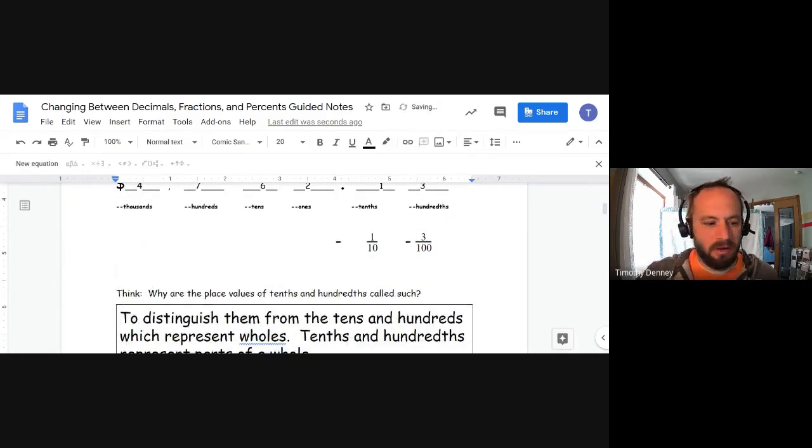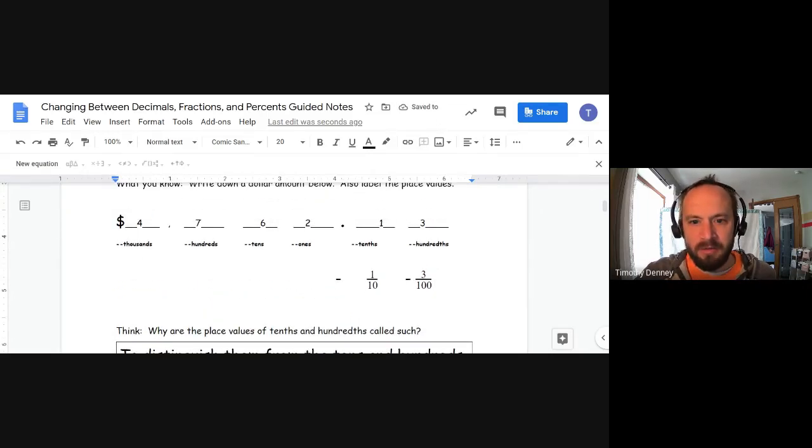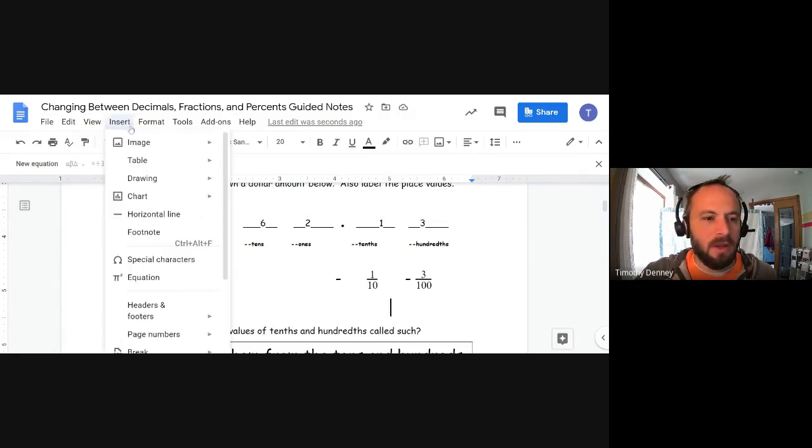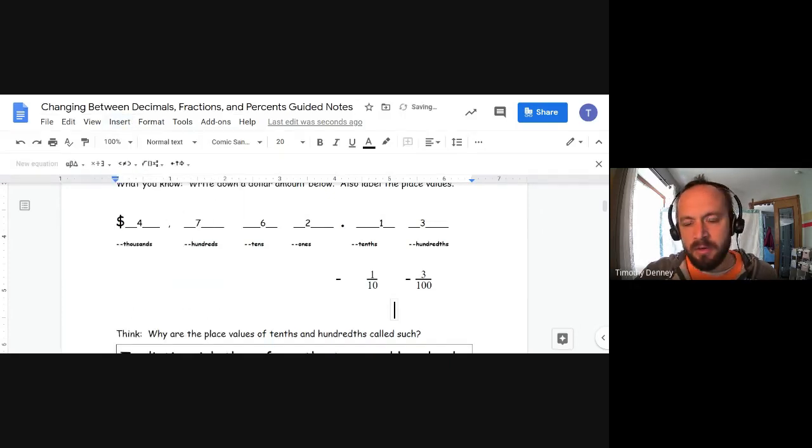I'm going to add a line right here. There's a way to represent everything to the right of the decimal place in one fraction, and it's pretty simple. You go to the furthest point to the right, the rightmost digit, and you use that as your bottom number. So the furthest is going to be the 3, and that's in the hundredths place.